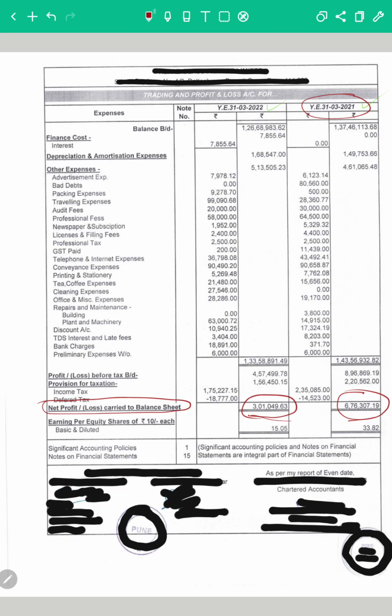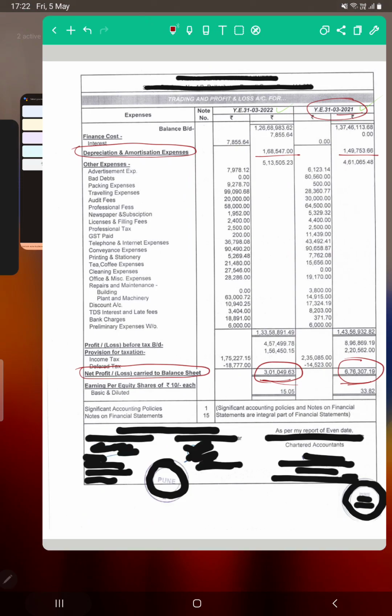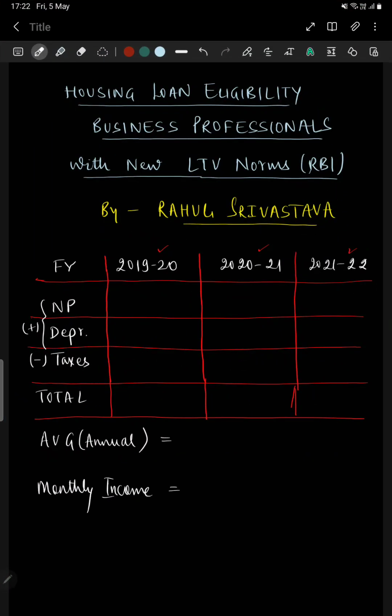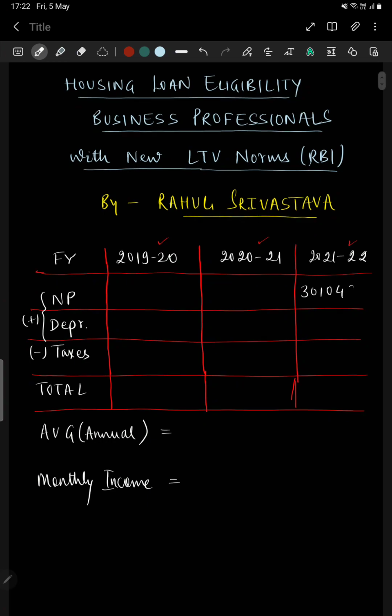Now first we have written the net profit, then we have to write down the depreciation. Now you can see here the depreciation for financial year 2022 is this much, and for financial year 21 it is this much. Okay, now these two you first jot down in the table that we just prepared. So as I said, for financial year 21-22 the net profit was 3,01,049 rupees, right?